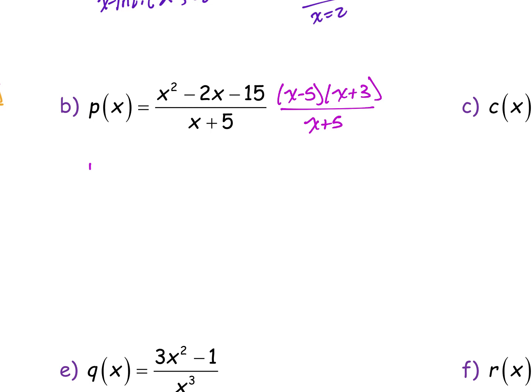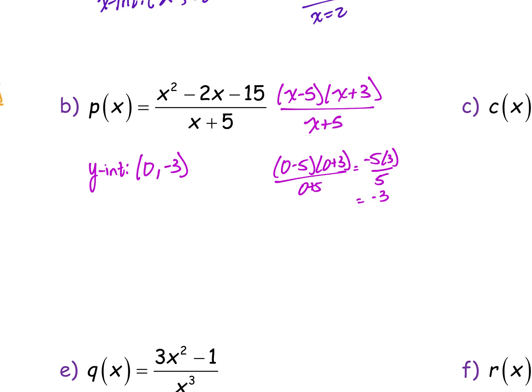The y-intercept is where x is 0. So that gives me 0 minus 5 times 0 plus 3 all over 0 plus 5. So that's negative 5 times 3 over 5, which is negative 3. Beautiful.